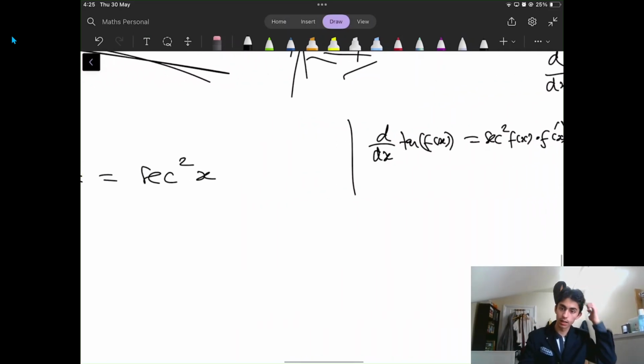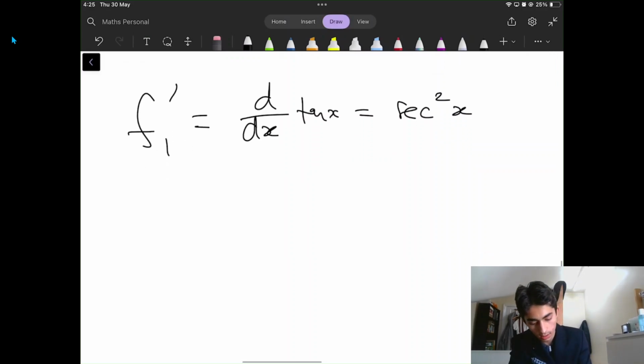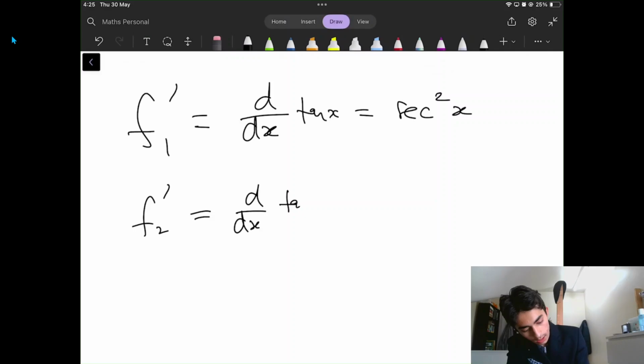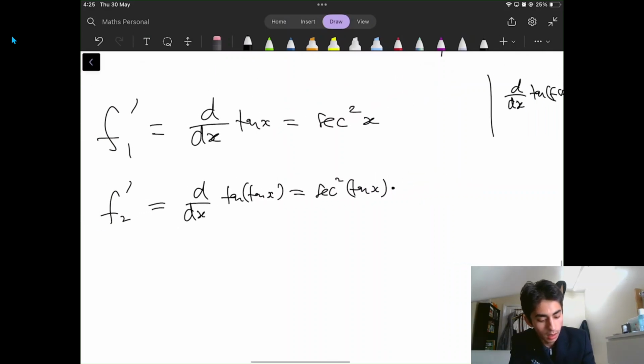So now using that, what do we have? The derivative of the first function is secant squared. The derivative of the second function is d over dx, tan of x, which can be written as secant squared of the inside multiplied by the derivative of the inside, which is secant squared of x.